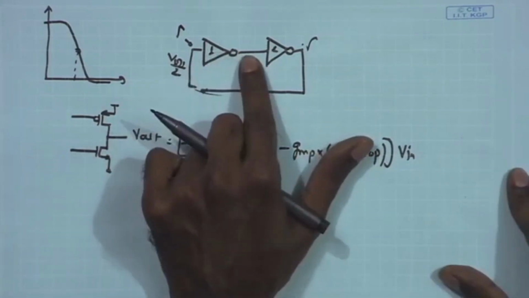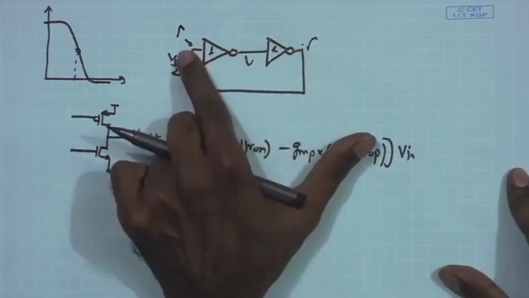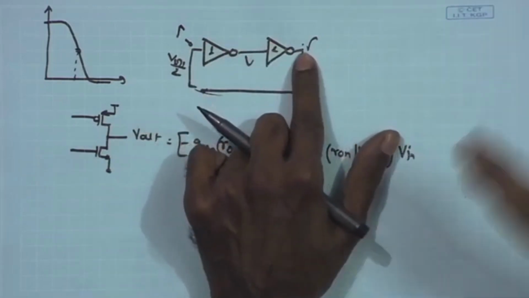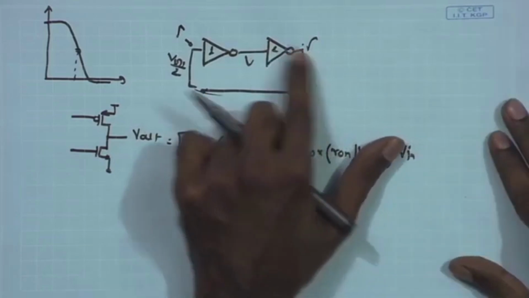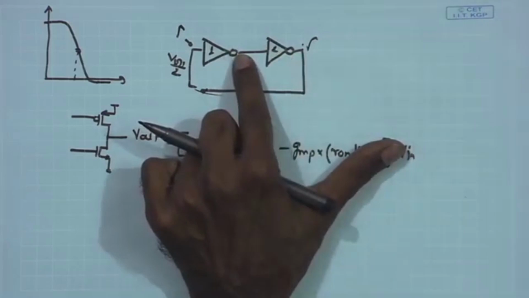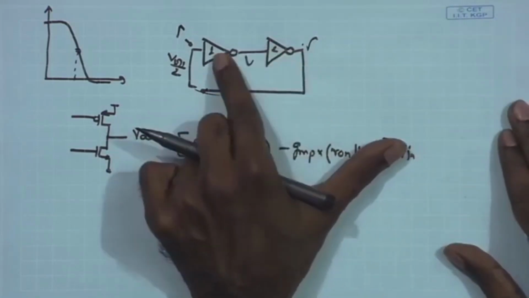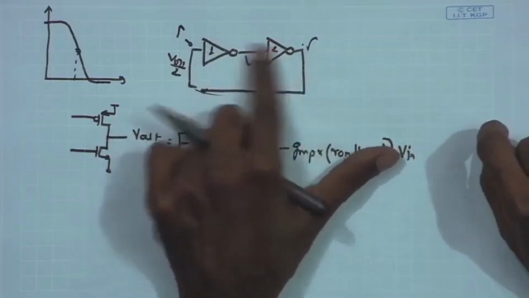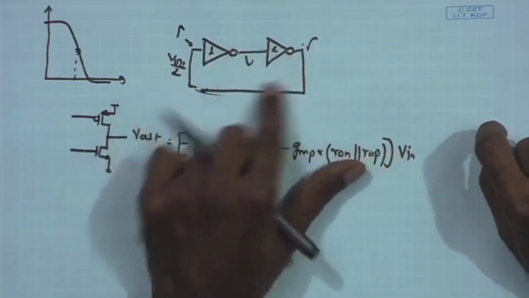So at omega equal to 0, we have exactly 180 degree phase shift across this inverter and another exactly 180 degree phase shift across this one. As we go towards higher frequency, at the first pole we have another 90 degree phase shift, and at the second pole another 90 degree phase shift for both these inverters. Therefore, exactly 360 degree phase shift is achieved at omega equal to 0.